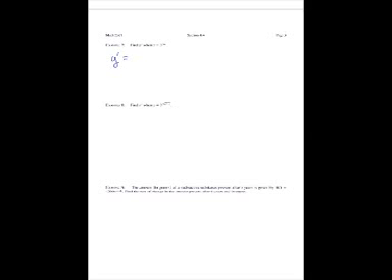So the derivative of 3 to a power would be 3 raised to that power times the natural log of 3. It's the natural log of the base. But now, the power was not just x. And because of that, I have to chain on the derivative of that power. So the power was the square root of x, so I chain on that derivative, which is 1 over 2 square roots of x.